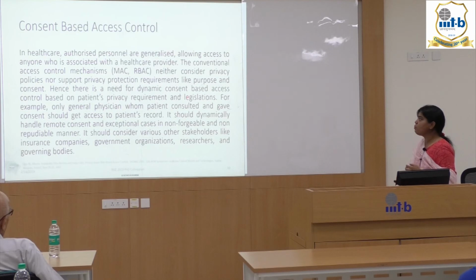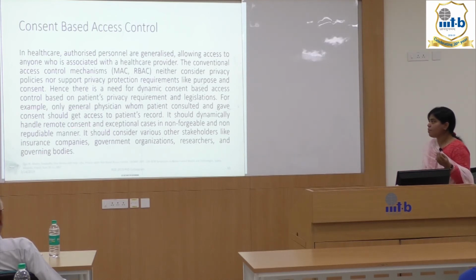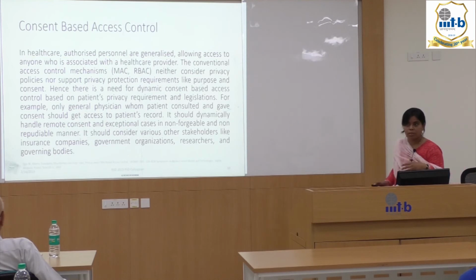Hence there is a need for dynamic consent-based access control, which is based on the patient's privacy requirement, and it should also abide by the legislation. For example, this is granular consent: only the general physician whom the patient consulted and gave consent to should get access to the patient's record and not anyone else.